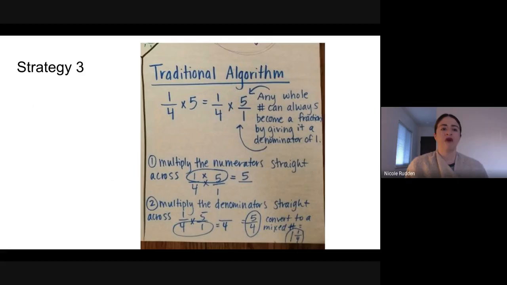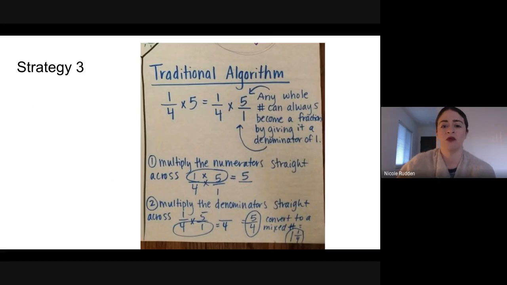And then our final strategy, which some of you may be familiar with, and some of you, this may look too complicated. This is why we want to provide you with choices, but this would be the standard algorithm. You might see a fraction times a whole number, and anytime you see a whole number, you are more than welcome to throw a denominator of 1 underneath it, okay?